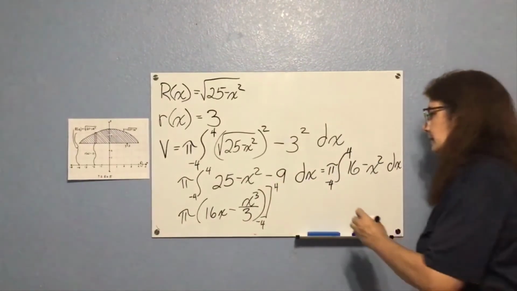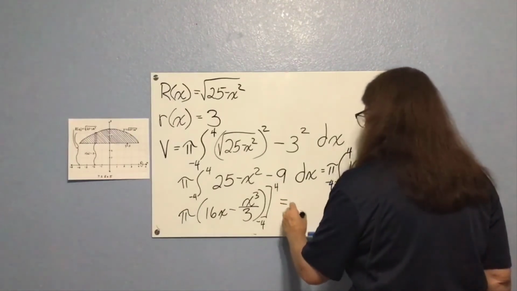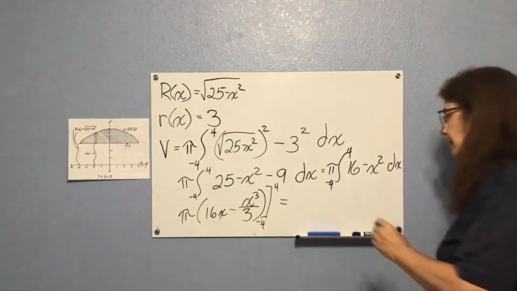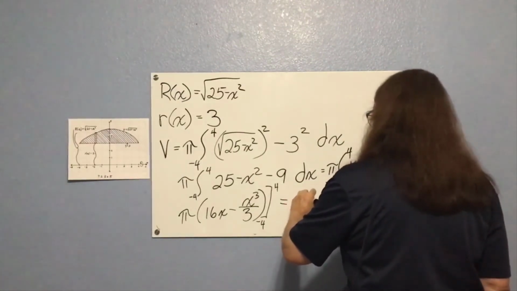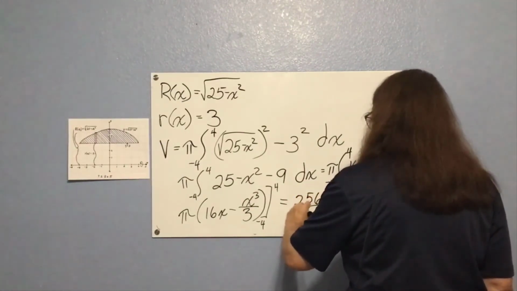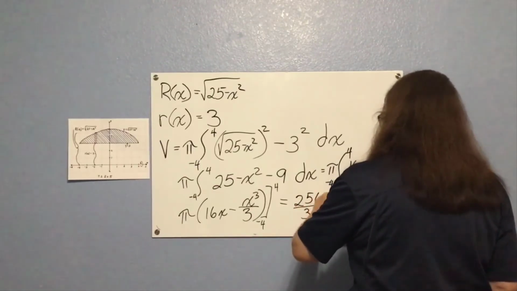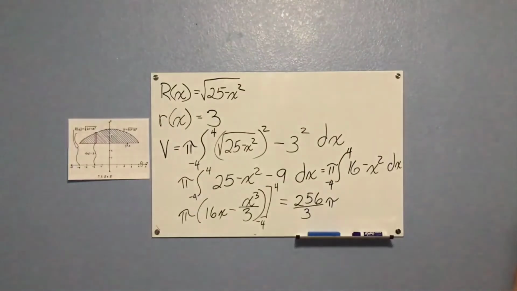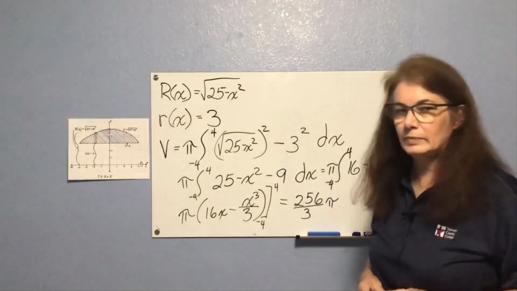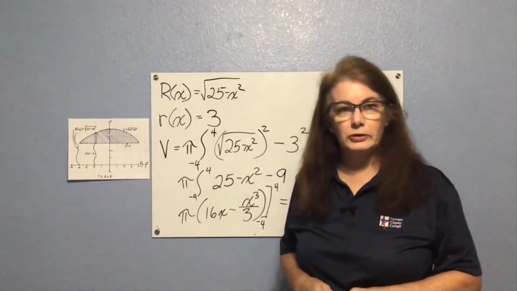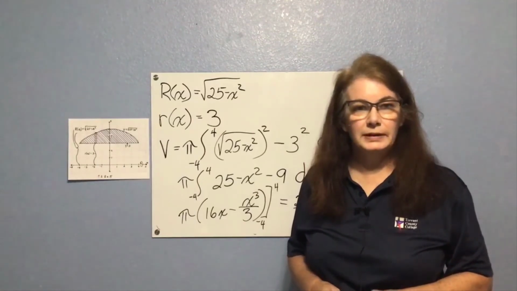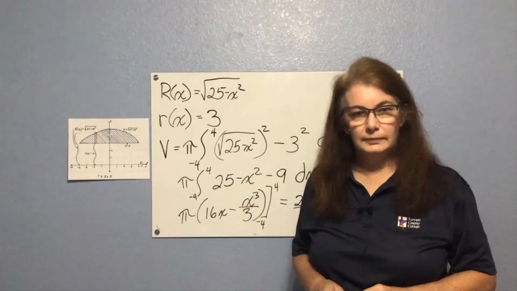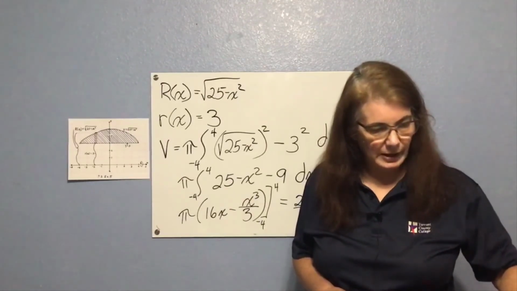When I substitute the -4 and the +4 in there, I come up with 256 over 3 times pi as my volume. These examples should cover all the problems that you will see in your homework. And so we'll stop at this point.